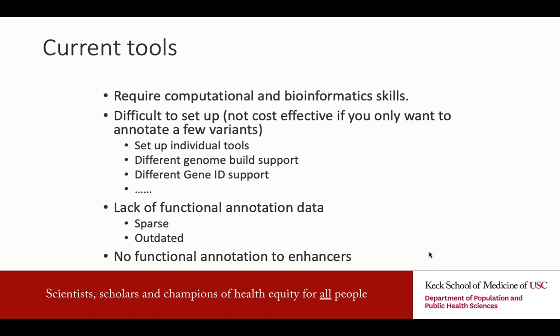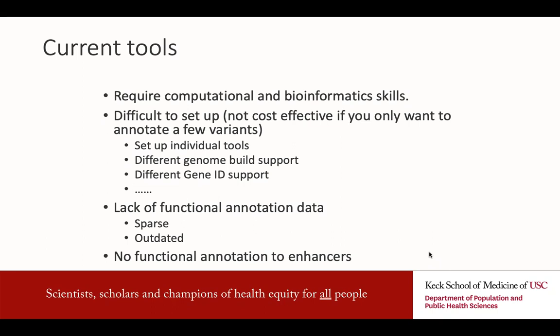There are a lot of different tools out there to annotate variants, but almost all of them require some sort of computational and bioinformatics skills. It's very difficult to set up. Each tool has different system requirements, and different resources have different file formats. They also support different genome builds, and more subtly, the namespace or ID space is different because they support different types of gene ID.